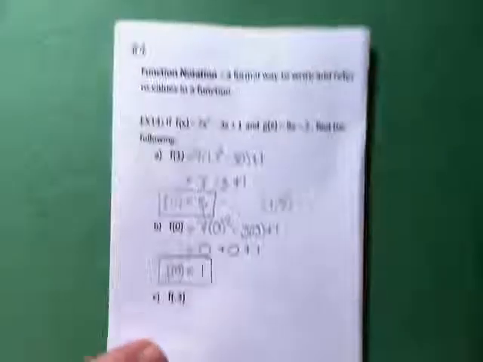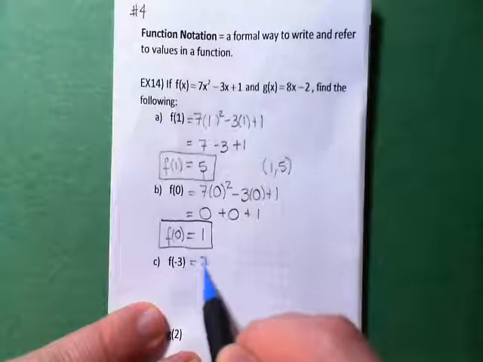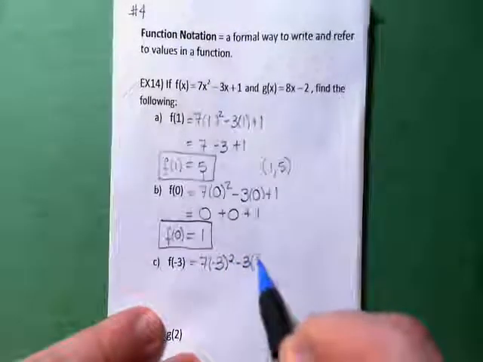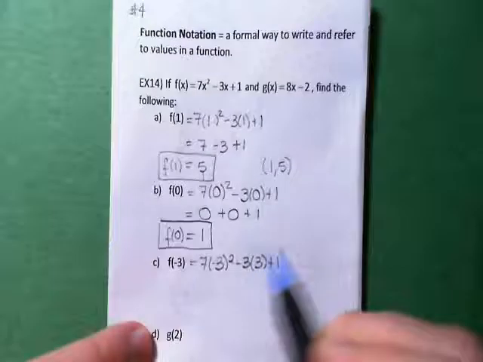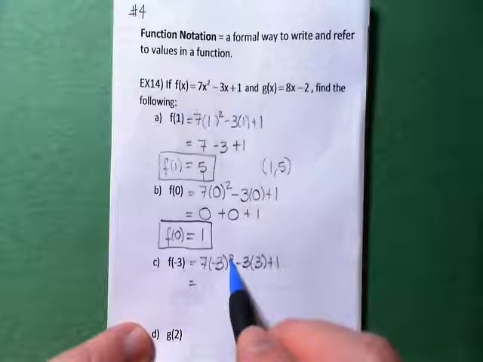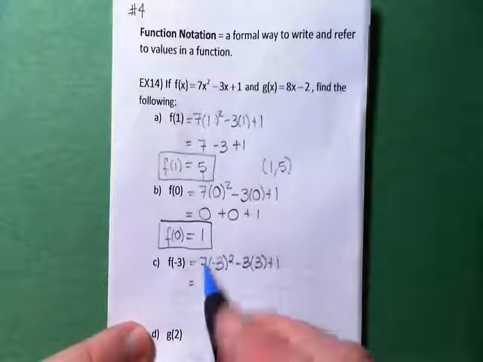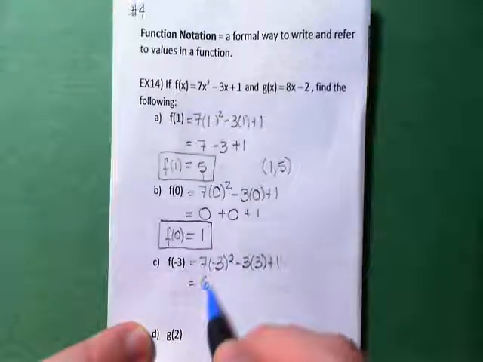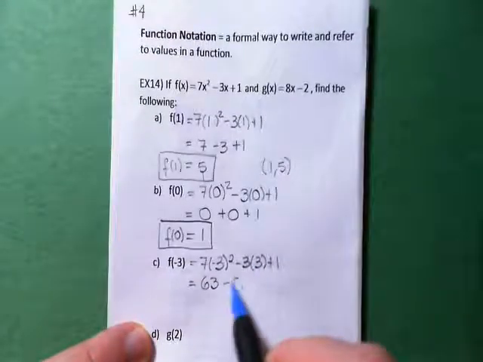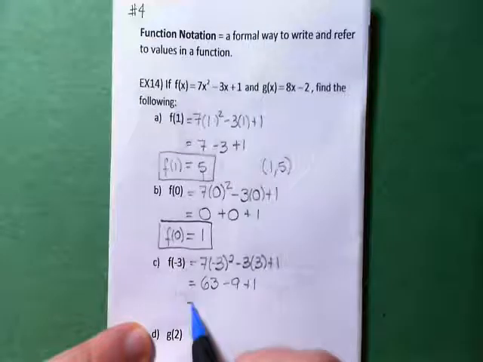Alright, f of negative 3. Copy the function, and we're going to calculate the value. So negative 3 to the second power is 9. 9 times 7 is 63. Negative 3 times negative 3 is 9... negative 3 times 3 is negative 9, plus 1.